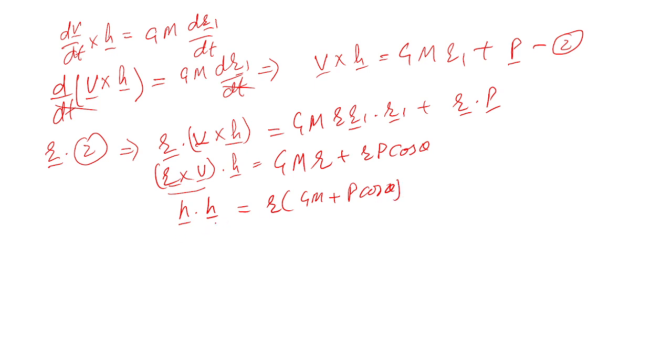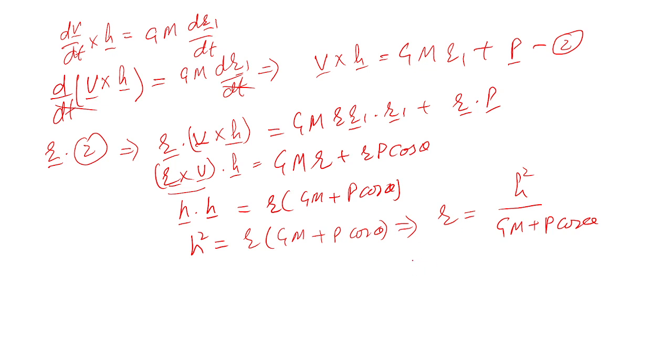So h dot h is h square. So h square is equal to R times GM plus P cos theta. So R is equal to h square over GM plus P cos theta.